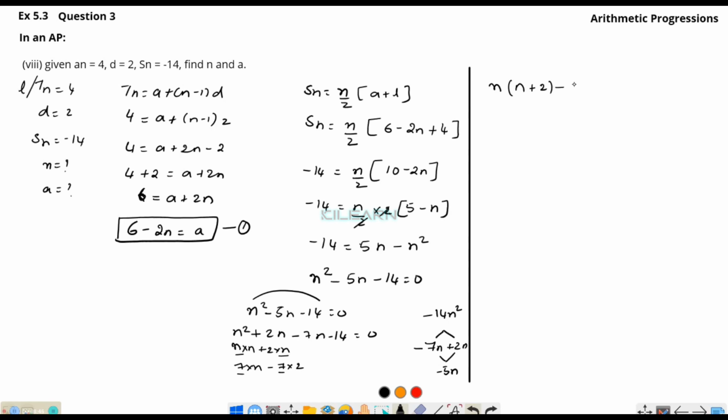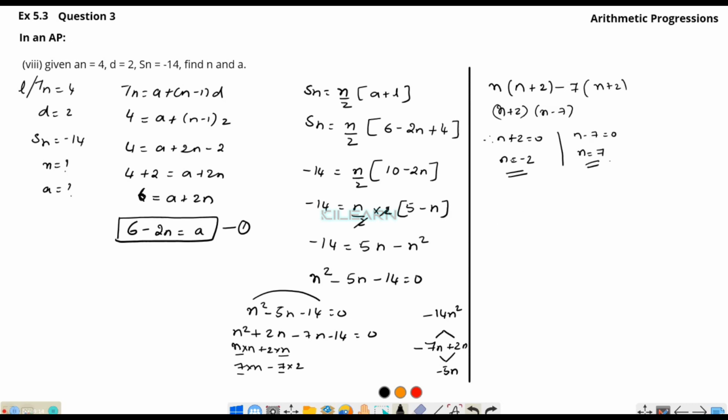Whatever value you're getting in the first bracket, the same value will be repeated in the second bracket. So write down these two values, n plus 2 and n minus 7. Now n plus 2 is equal to 0, n is equal to minus 2, then n minus 7 equals 0, n is equal to 7.